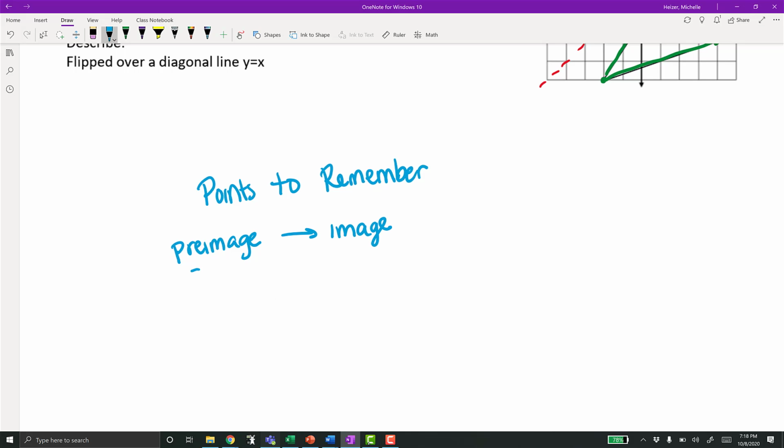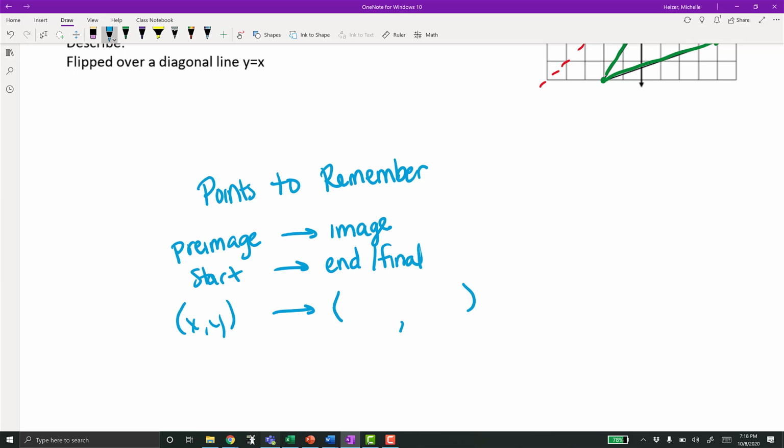Or in other words, start, end, or final. And that's really important when we get into our other transformations and looking at them specifically. And then we also have coordinate notation. So x comma y goes to something in there.